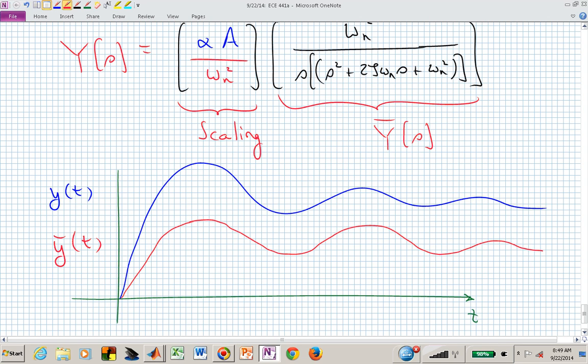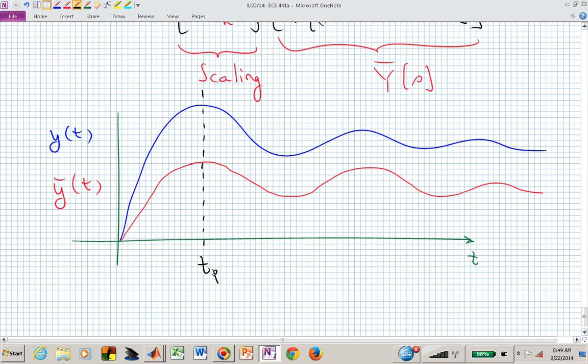Y bar of t is easier to play with, but if it's sketched properly, it's going to peak at the exact same time, isn't it? So this will be my peak time, t sub p. I will have a y bar of t sub p, and I will have a y of t sub p. Those will be the same. And I will have a final value out here, a y bar final value.